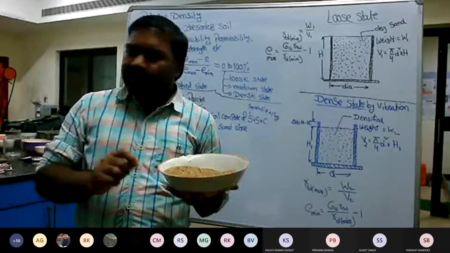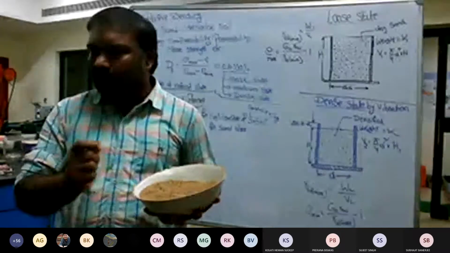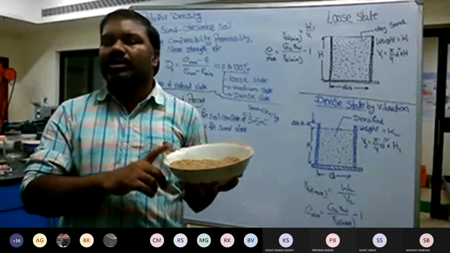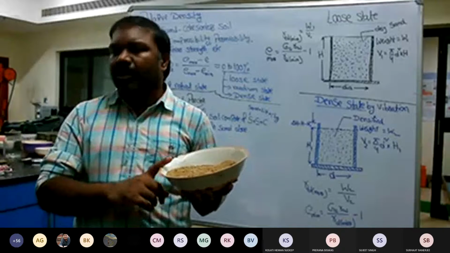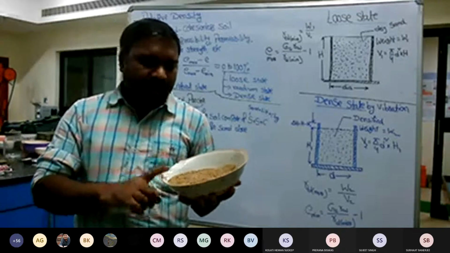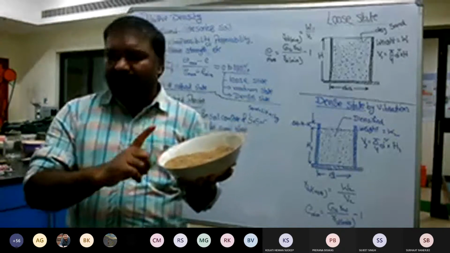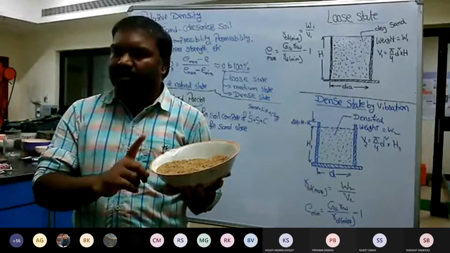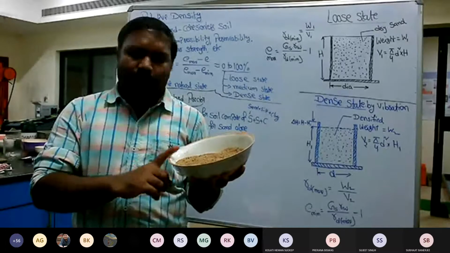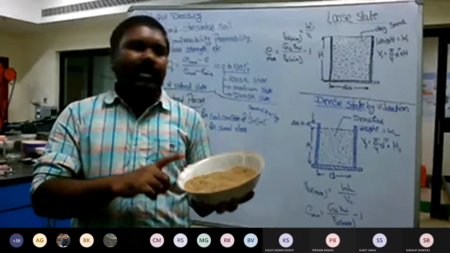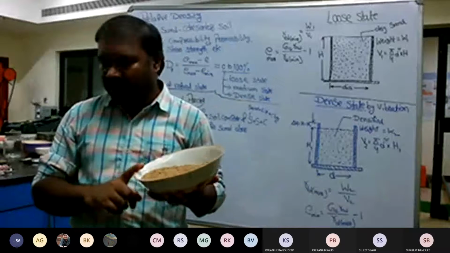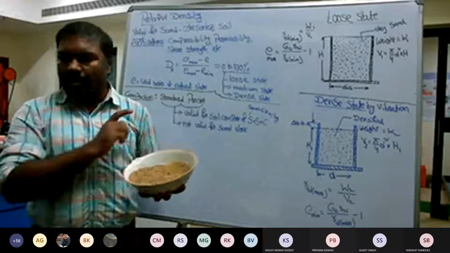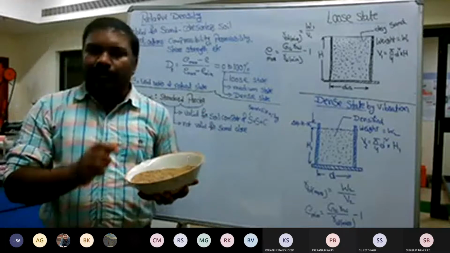But the basic question is, can we not do the same thing by adding water to the sand? The answer is no. We cannot compact it, because there is no interaction of water with the sand. This is the fundamental reason we cannot compact a pure, well graded sand material. That is why the standard Proctor compaction test is not valid for pure sand.